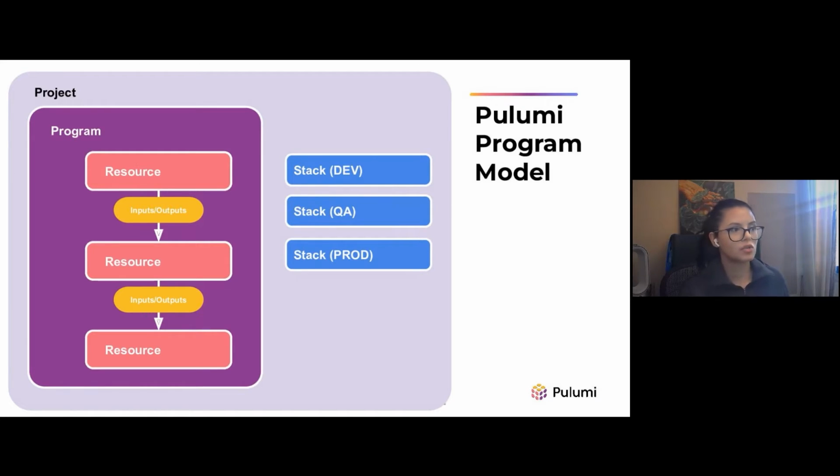Oftentimes, these resources depend on one another, right? If I want to place an S3 object in a bucket, right, I have to know what that bucket is, right? So that creates a dependency between the S3 object and the S3 bucket. Pulumi is pretty smart. It figures out all these dependencies for us where it's implicit. We can also explicitly create dependencies.